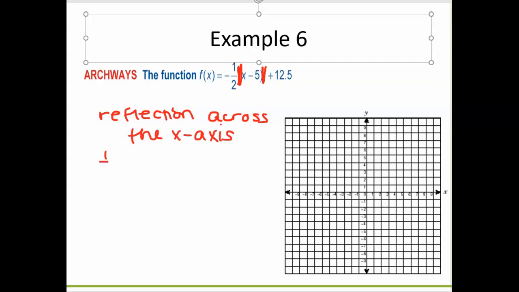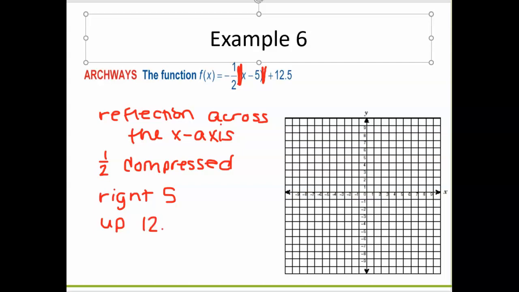The 1/2 will compress my graph. The -5 will shift my graph right 5. And the plus 12.5 will move it up 12.5.